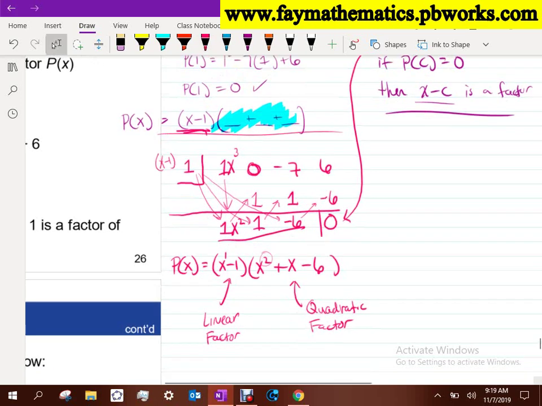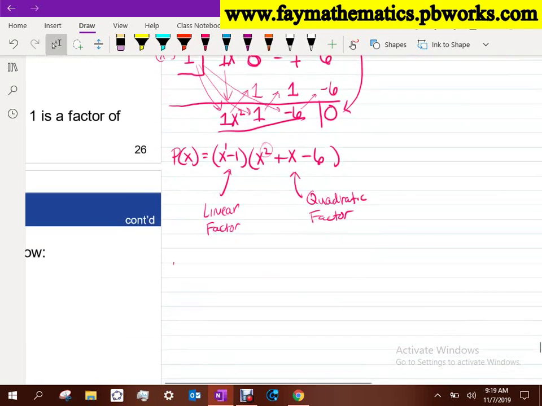Now, we haven't formally said this yet, but every single polynomial you come across, through the use of the factor theorem, the remainder theorem, and the fundamental theorem of algebra, can be factored down to a product of linear factors.